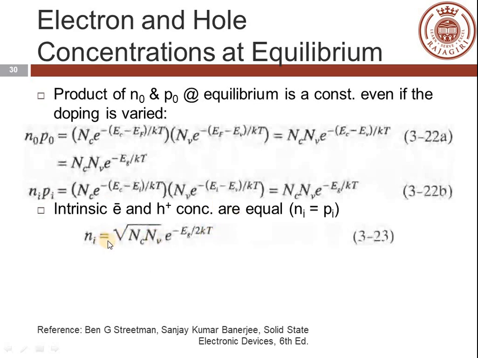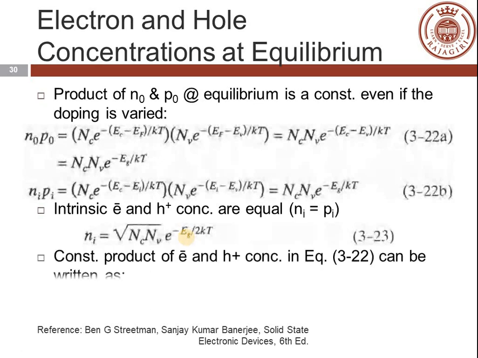So you can write ni equal to square root of Nc Nv times e to the power minus Eg divided by 2kT. So comparing these equations 22a, 22b and 23, you can write n0 p0 is equal to ni square. This is an important equation that we will be using in almost all the problems.